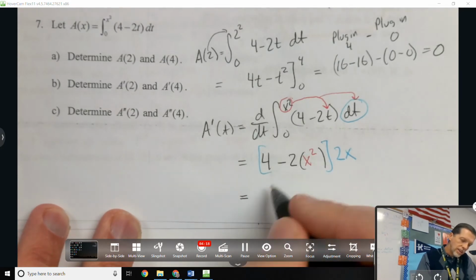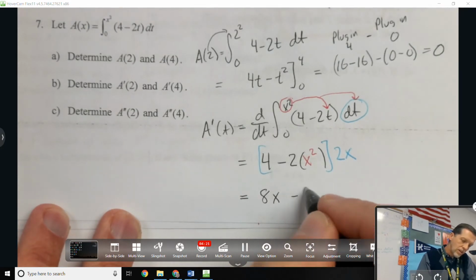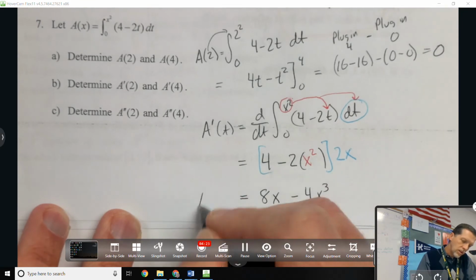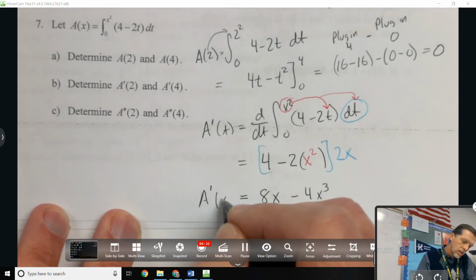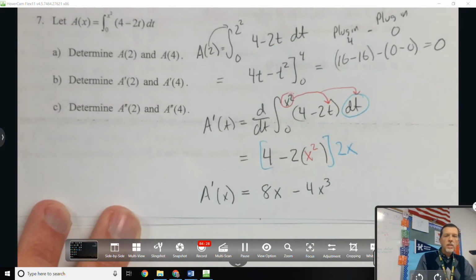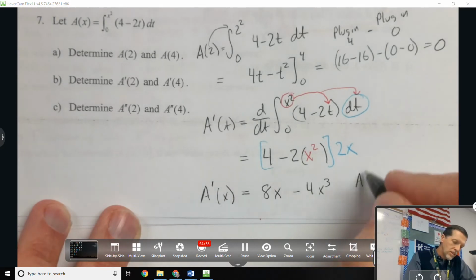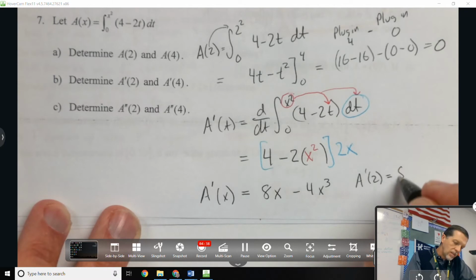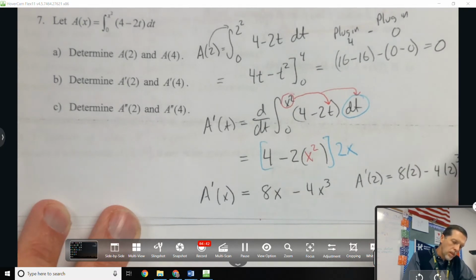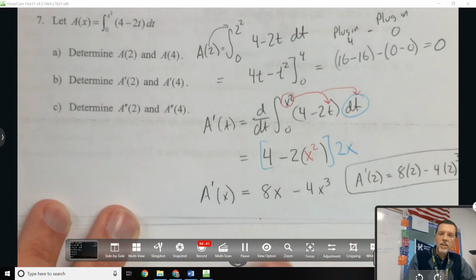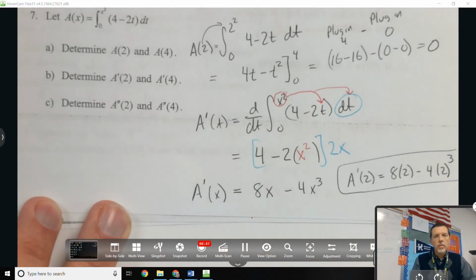Let's see if I can clean this up all at once: 8x minus 4x cubed. And now a prime of 2 would just be plug 2 in for x. Hey, safe stop, right? We're done. So you only do chain rule when it's the A prime?